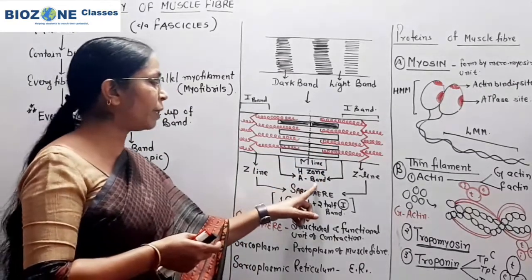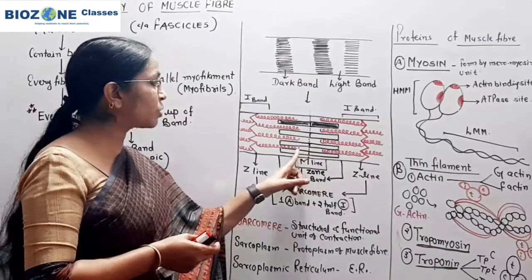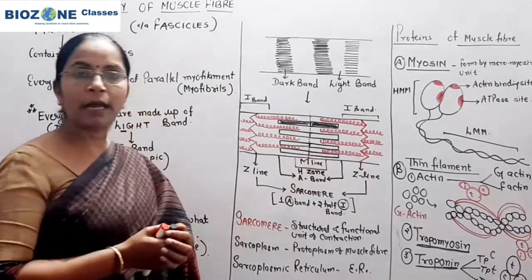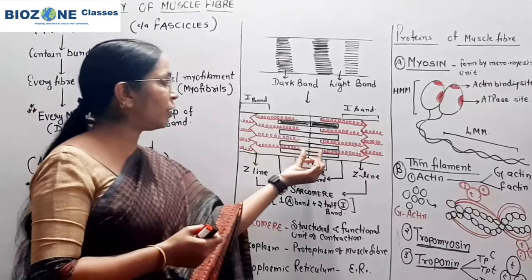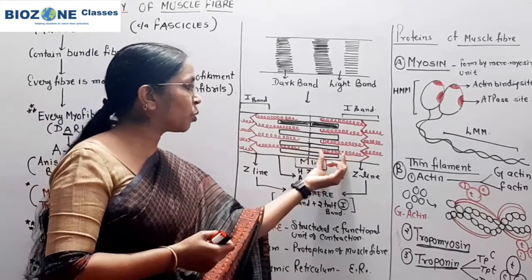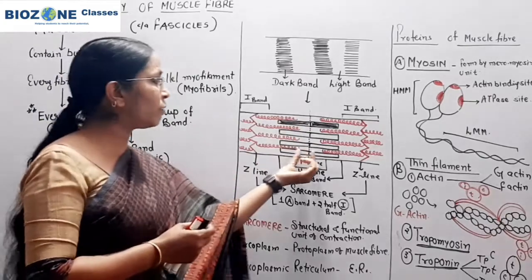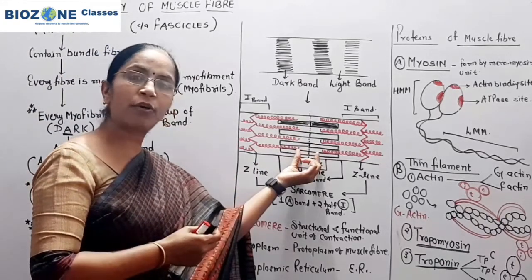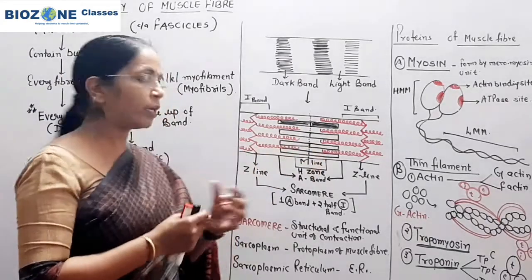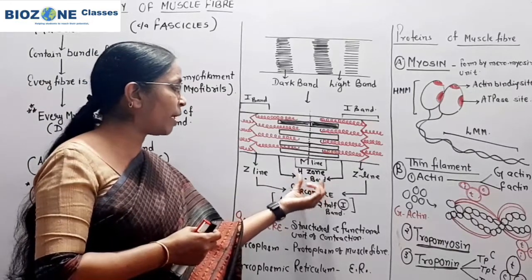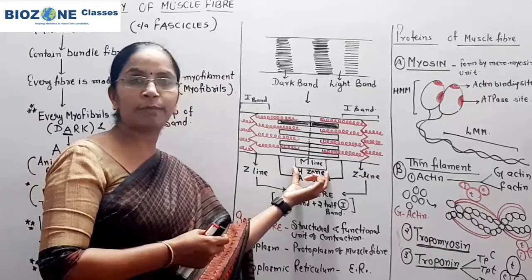Now if you look at this A band towards both sides of the M line, this zone appears very dark in the microscope, but nearly in the center of the A band, one H zone is present.